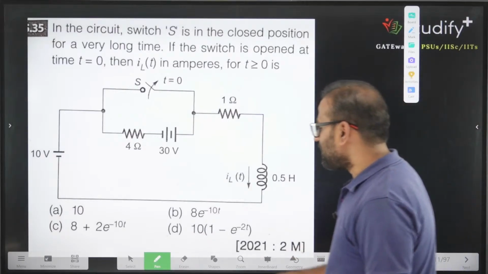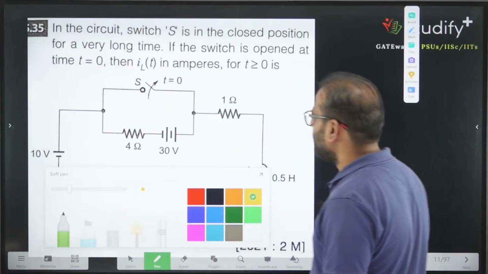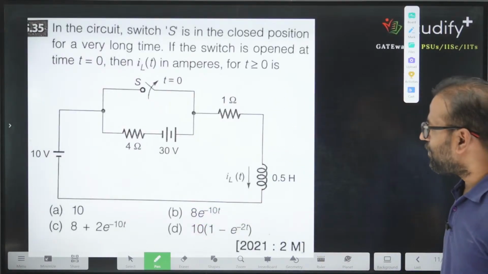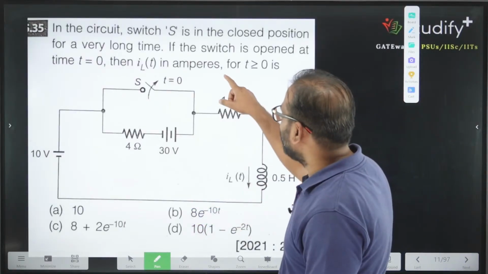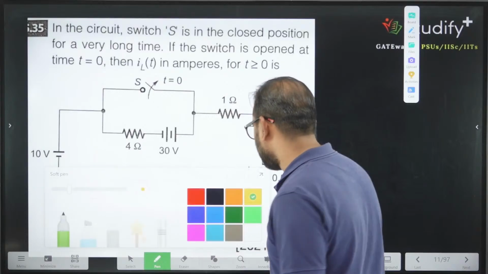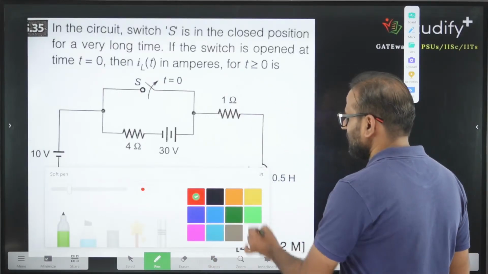There is no restriction on which approach you use, but we can solve this question very easily. What they are asking is the value of IL(t), the current across the inductor.